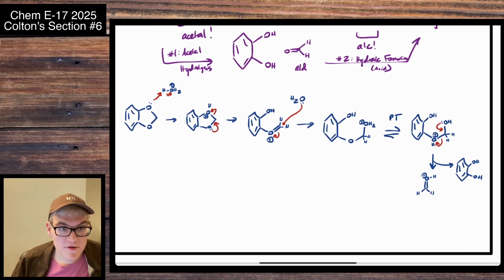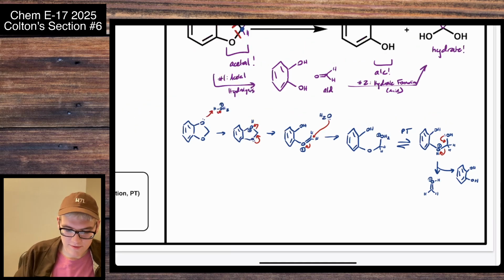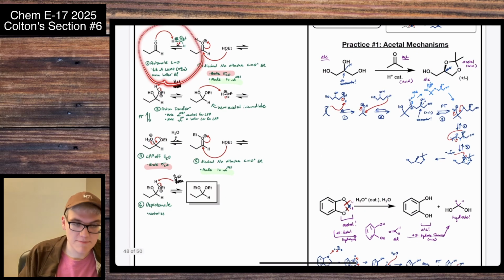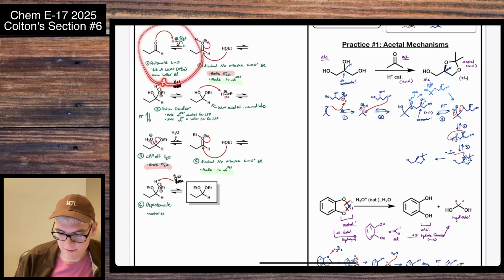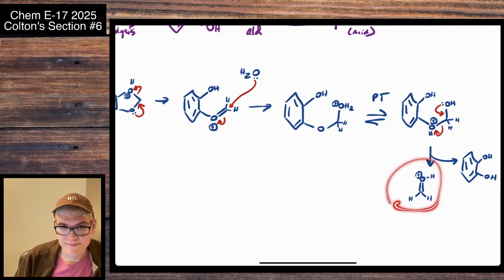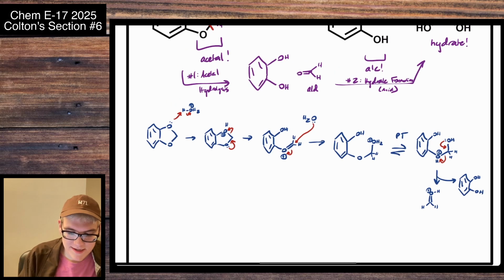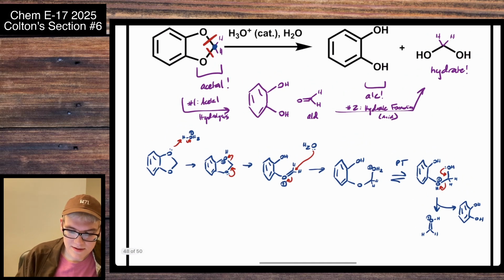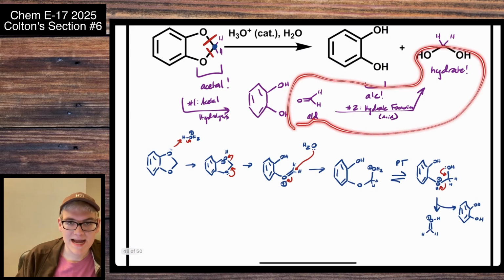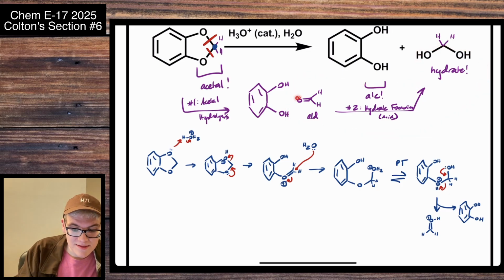So, if we were to fully finish out the reaction, the last thing that we would do is the reverse of the first step. The first step was we protonated a carbonyl, so we would deprotonate it. But now thinking in context, if we're going from an aldehyde to a hydrate, what's the first step of this reaction if it's acid catalyzed? I think the first step would just be we protonate the carbonyl.